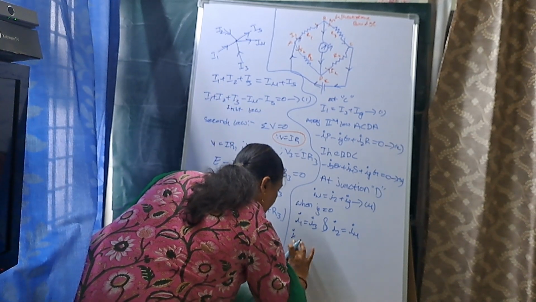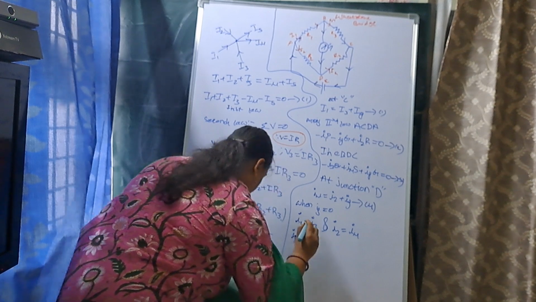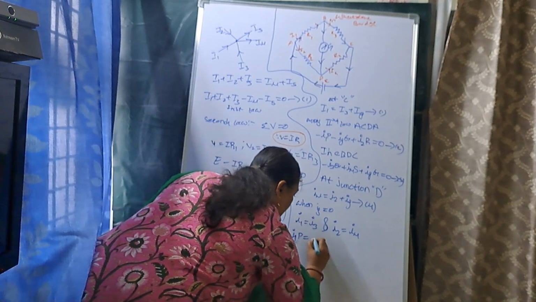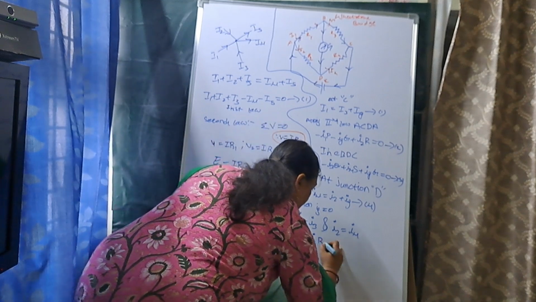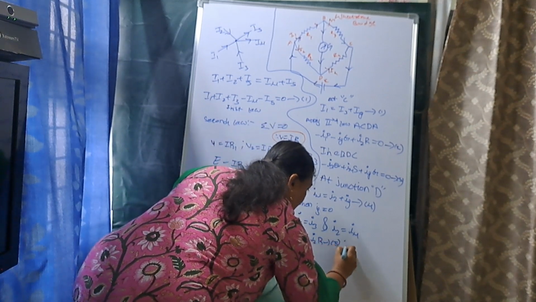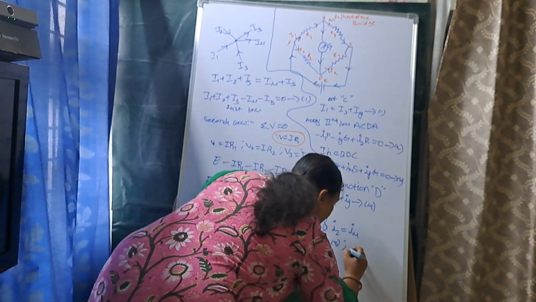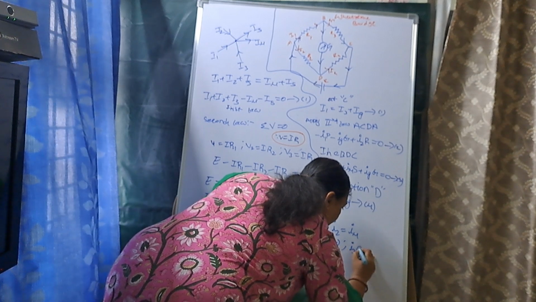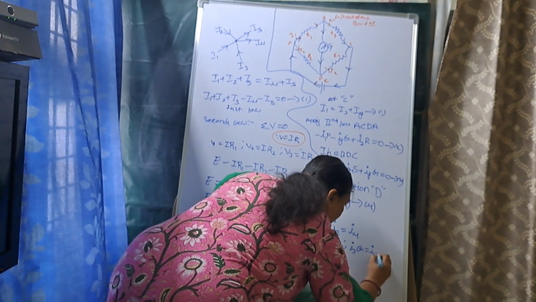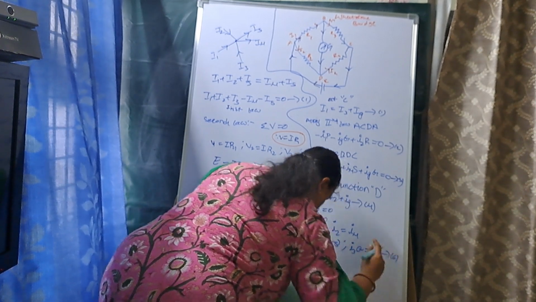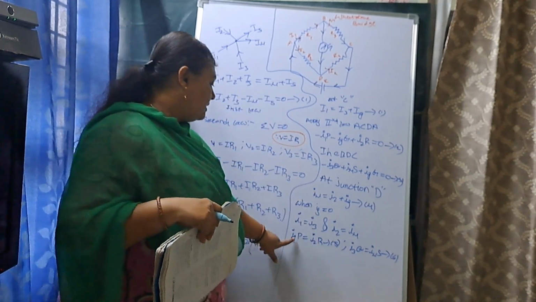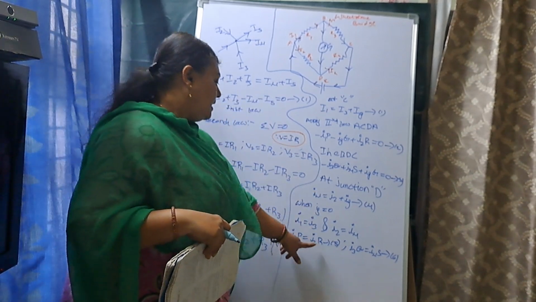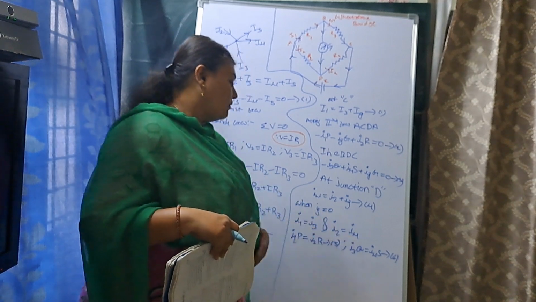So therefore, next, I1P equal to I2R, and this is equation number 5, and I3Q equal to I4S, equation number 6. But we know I1 means I3 and I2 means I4.